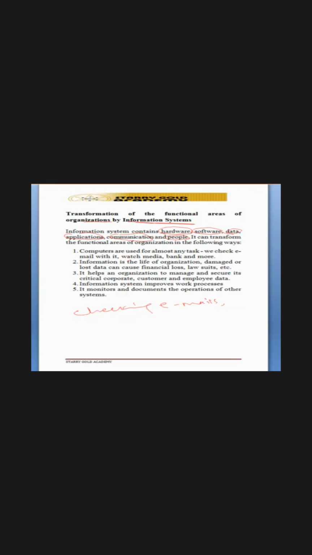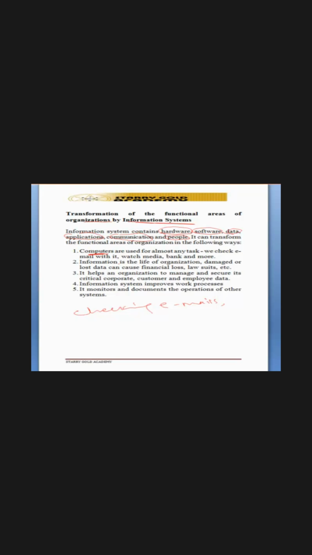So we check emails with it, we watch media, then bank and more, and so many activities: conversion of documents, desktop publishing, archival storage, telecommuting, teleconferencing, video conferencing. So all the various tasks we carry out in an office or in organizations can easily be carried out with the help of computers.